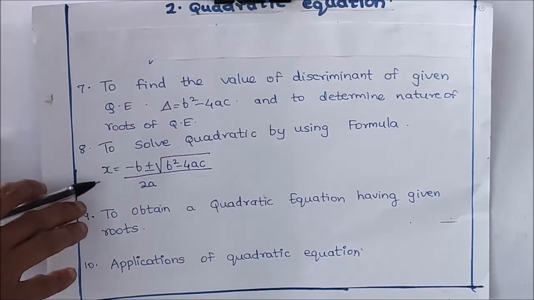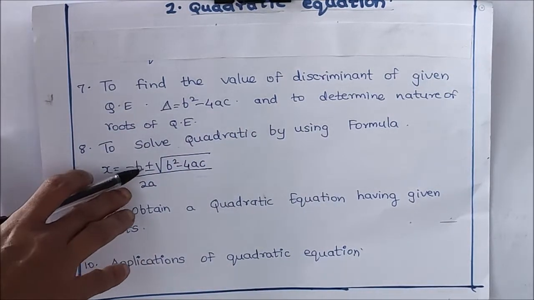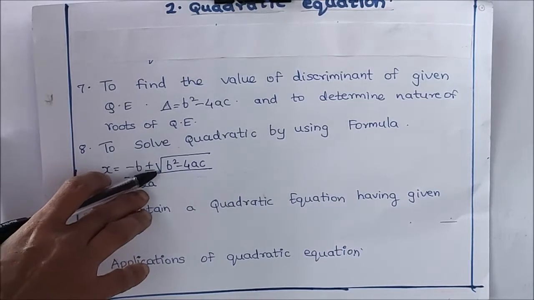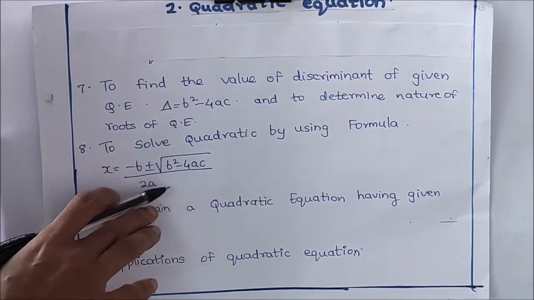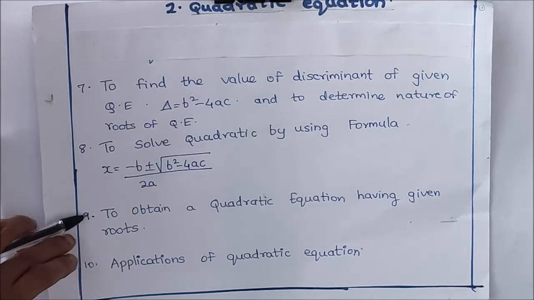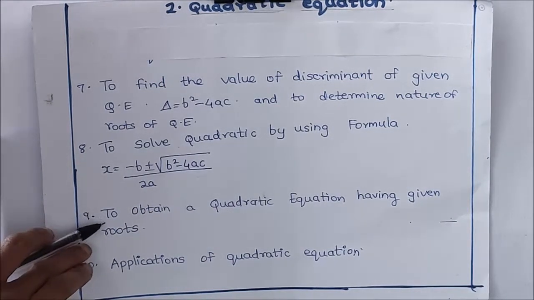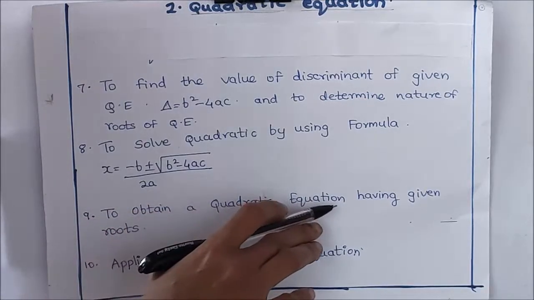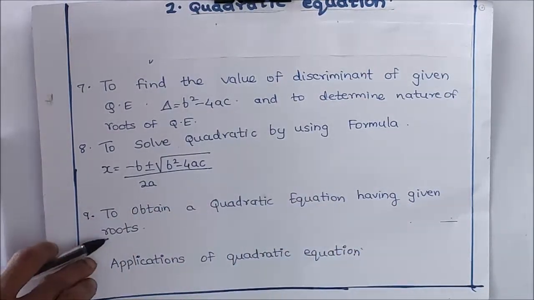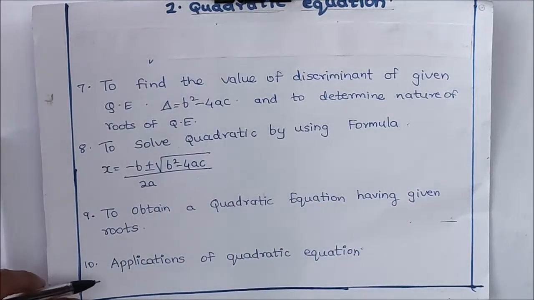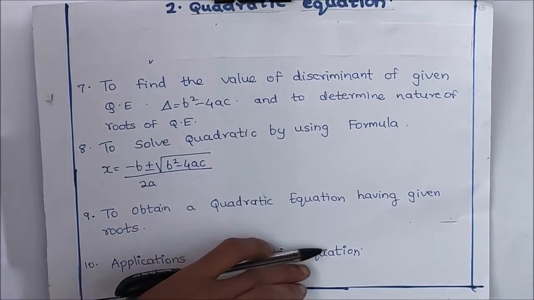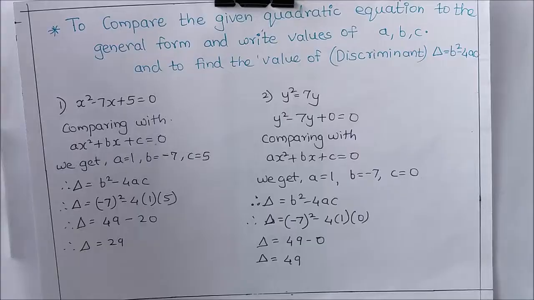The simple formula is x equals minus b plus minus root of b square minus 4ac upon 2a. The next point is to obtain a quadratic equation having given roots. And the last point is applications of quadratic equations.